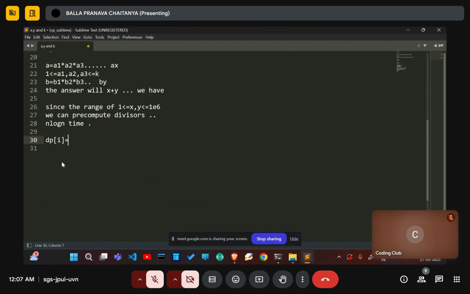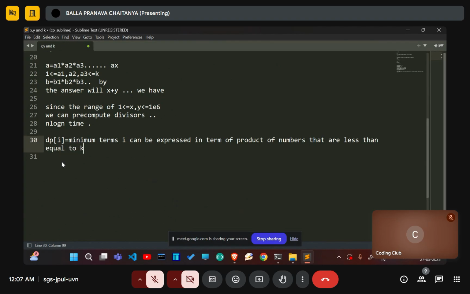It is the minimum number of terms in which i can be factorized, or expressed, in terms of a product of numbers that are less than or equal to k.